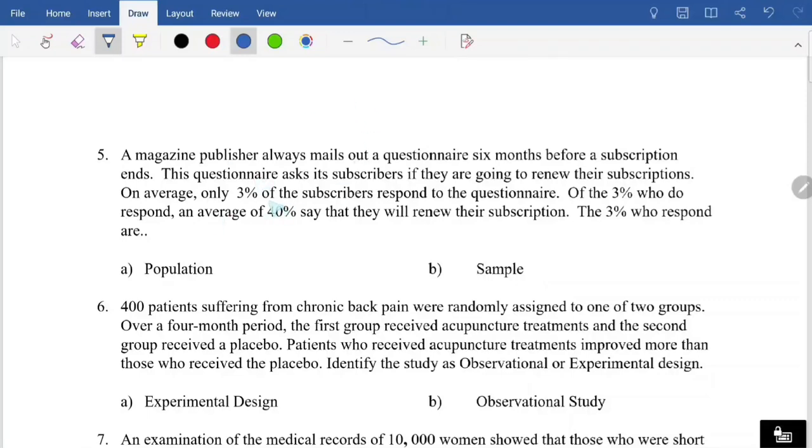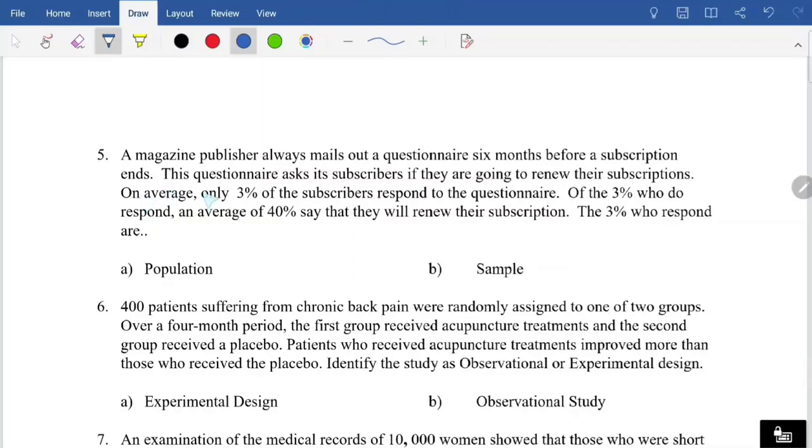So let's try to understand again what this publisher is doing. The publisher sends out a questionnaire asking all their subscribers if they are going to renew their subscription. Now, they sent the questionnaire 6 months before a subscription ends.